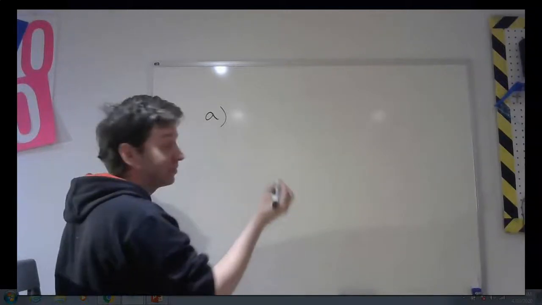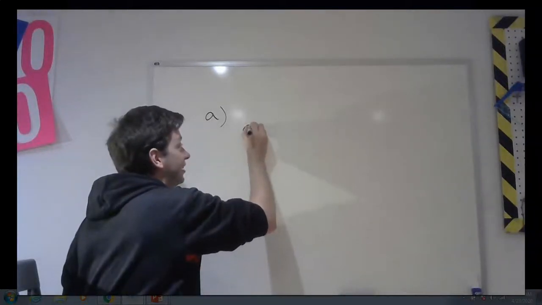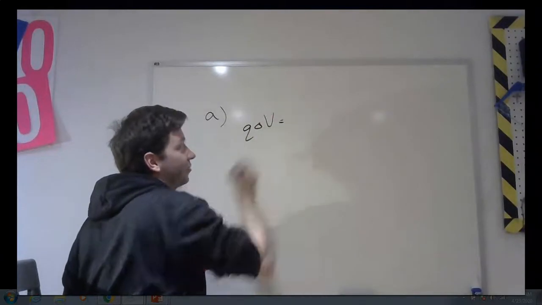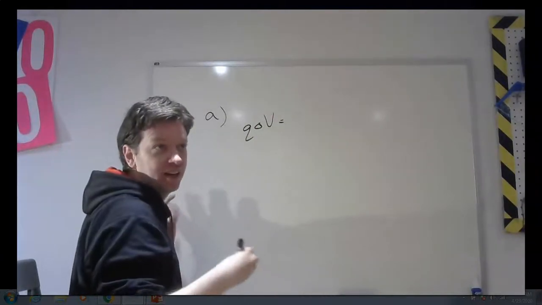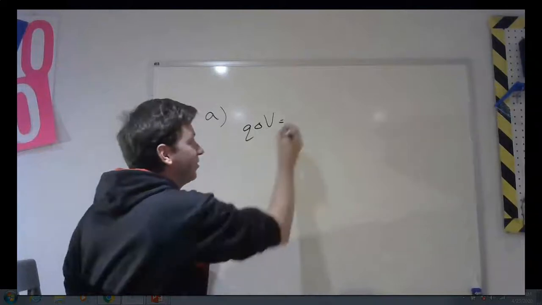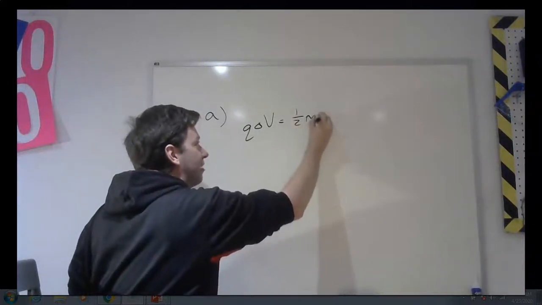This is what we did in chapter 7, right? The work done to accelerate it equals its change in kinetic energy, and assuming its initial is 0, that's just 1/2 mv prime squared.